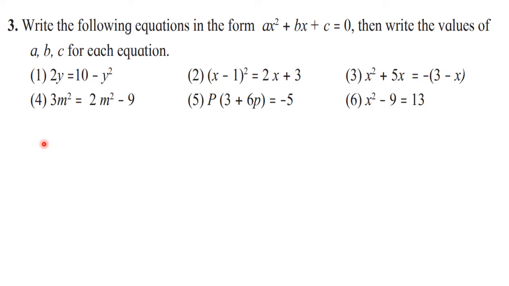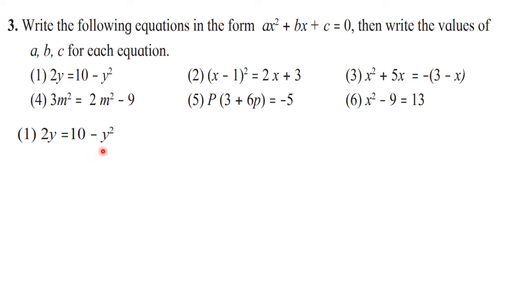Now let us start with the first one here. First one is 2y is equal to 10 minus y square. We have to convert to standard form, that means ax square plus bx plus c is equal to 0. So as I have told you so many times, all the terms you need to take on left hand side and write down equal to 0. But while writing them, you have to follow the descending order.